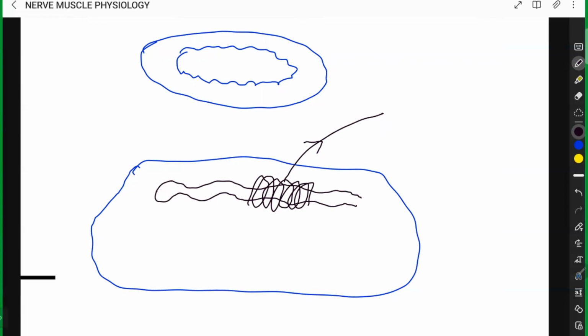Whenever there is a muscle stretch, whenever there is any sensation, there is a reflex fiber which is going to take the sensation, called 1A. This 1A is a sensory fiber. This sensory fiber takes the signal to the spinal cord.